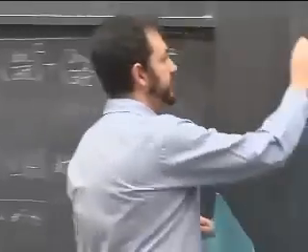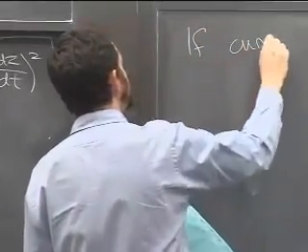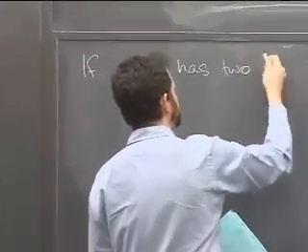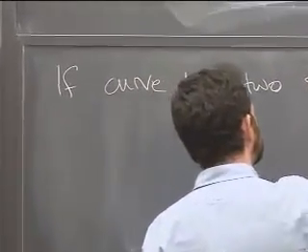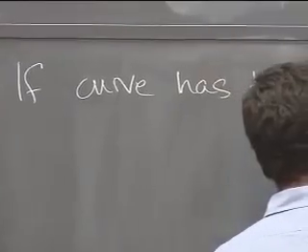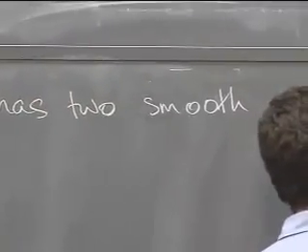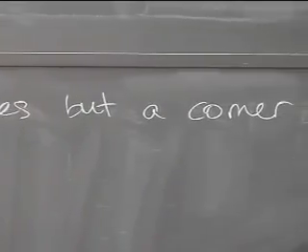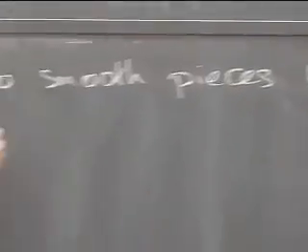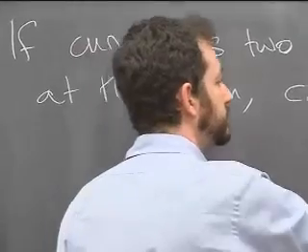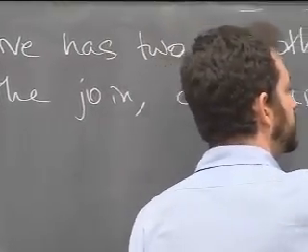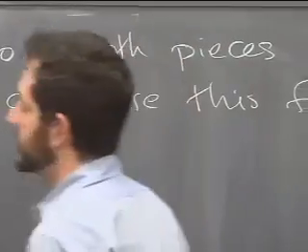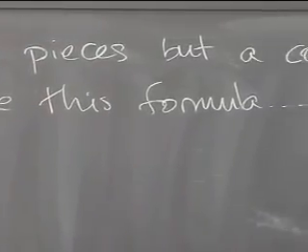So if the curve has two smooth pieces joined end to end, but a corner at the join, you cannot use this formula. Yes, the good news is you just break it up into two line integrals.